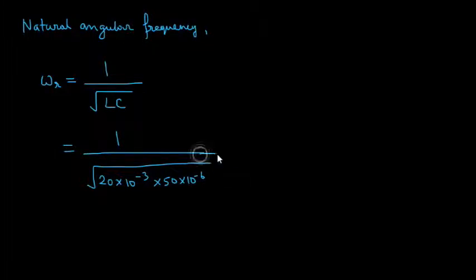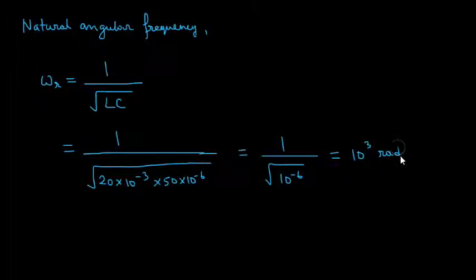Upon solving, we get 1 upon under root 10 to the power minus 6, which is equal to 10 to the power 3 radian per second.